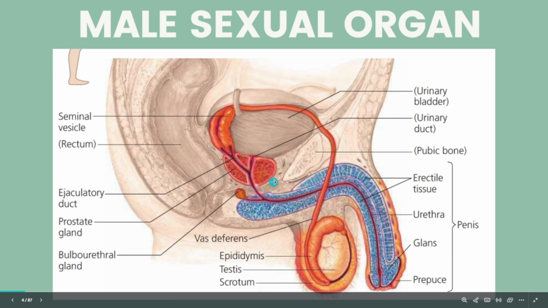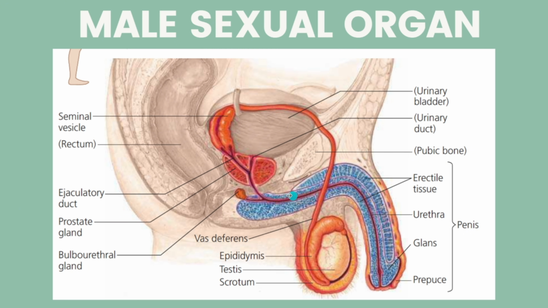Because you need to know that in the male sexual organ, the sperm coming out of the male part goes through the same passage as the urine. The sperm will go through the urethra, and similarly, urine also goes through the urethra. So before ejaculation, they need to make sure there is no acidic urine adhering in the urethra.